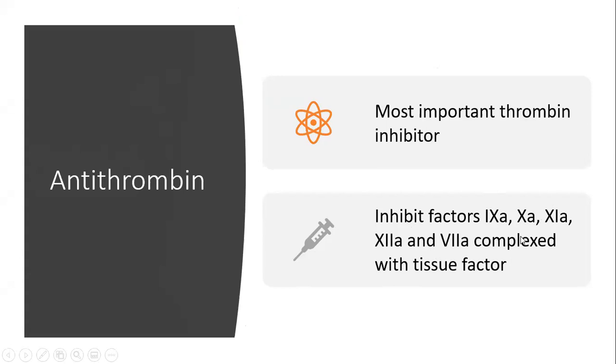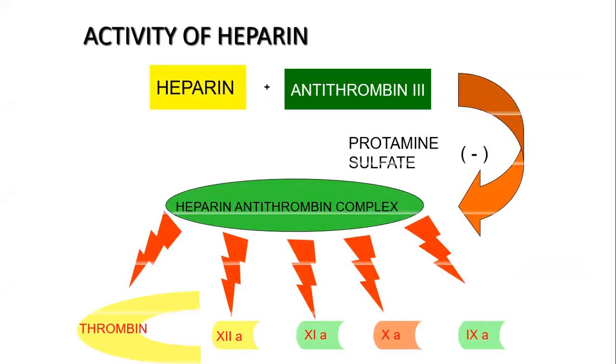7A complex with your tissue factor. So, this is just to show you that your antithrombin, no, can actually inhibit the thrombin. No? But the activity of your antithrombin is greatly potentiated by binding with heparin.